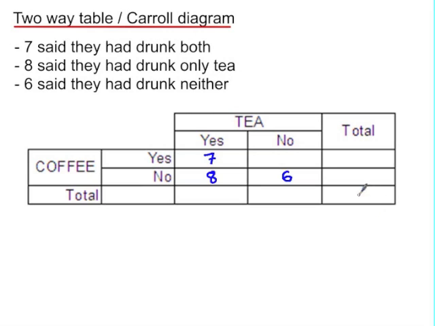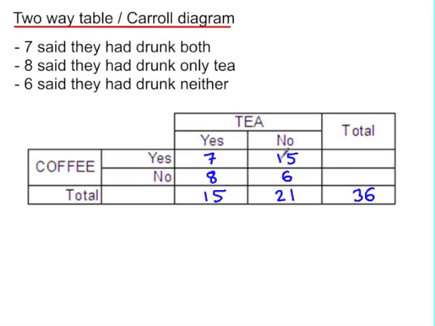We also know that we have 36 people altogether, and we can fill in the gaps with the totals of the rows and columns. So the total number of tea drinkers is 7 plus 8, which is 15. The total in this space here is found by subtracting 15 from 36, and the total here is found by subtracting 6 from 21.